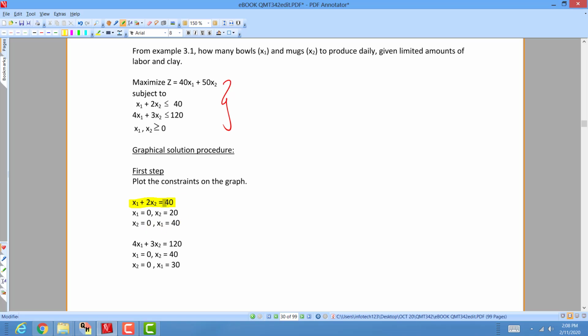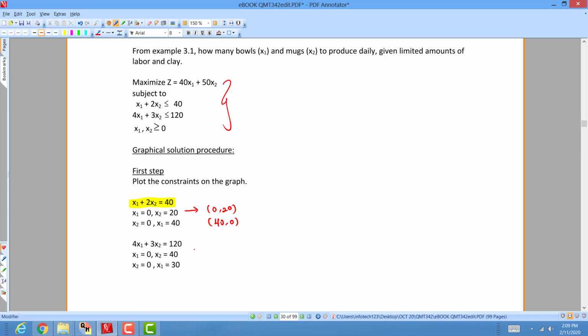Just a simple equation. So this becomes one line, from point (0, 20) and also (40, 0). Later we will join these two dots to become one line.